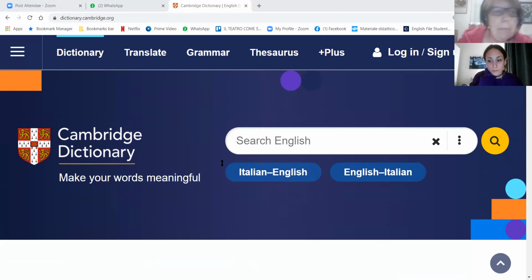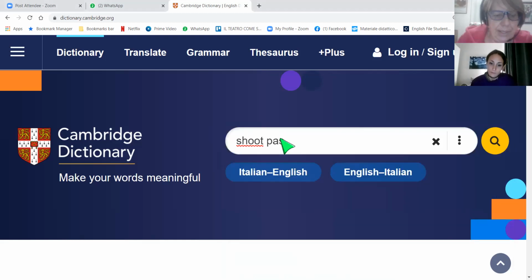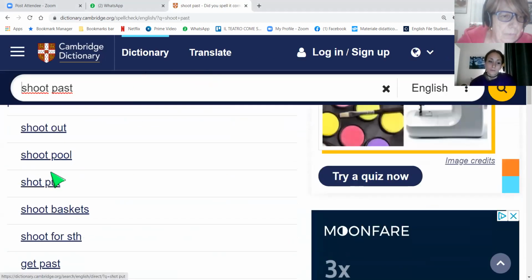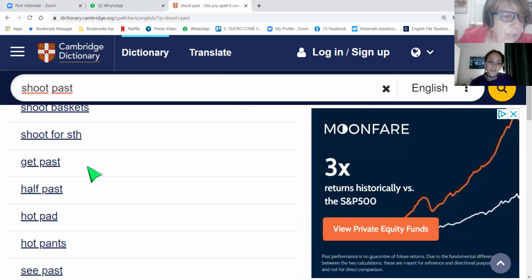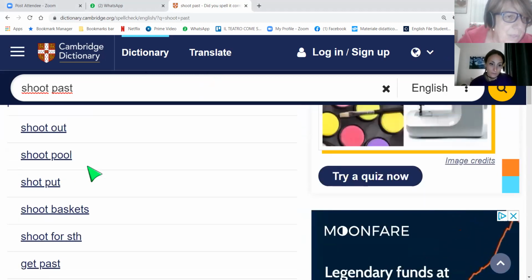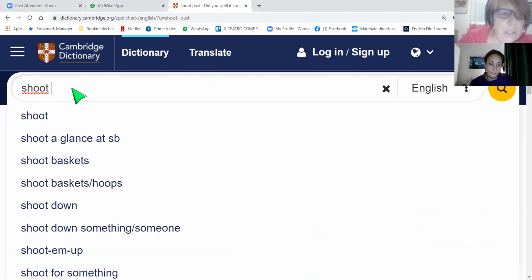For example, let's go to the ones that were more difficult, like we were shoot past someone. Okay, so we shoot past. Shoot past, okay. And the first one, because sometimes when they are not together, so let's say just shoot.